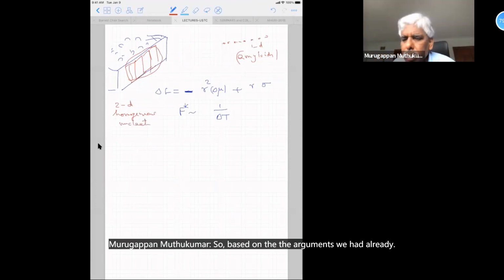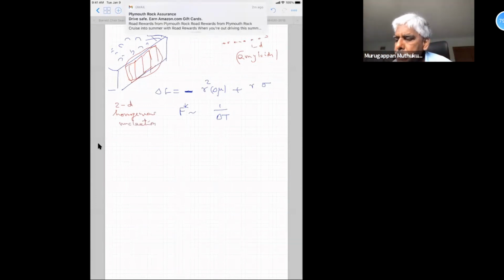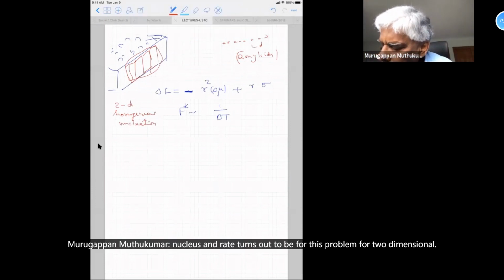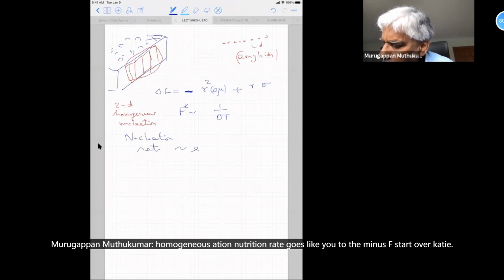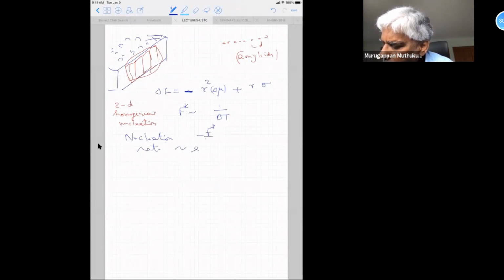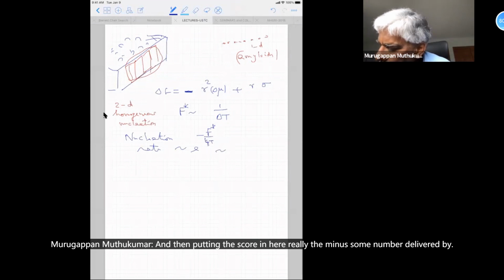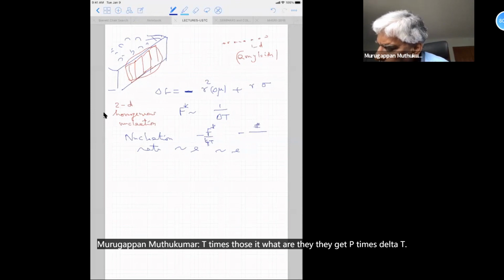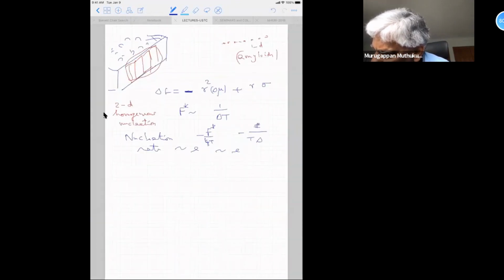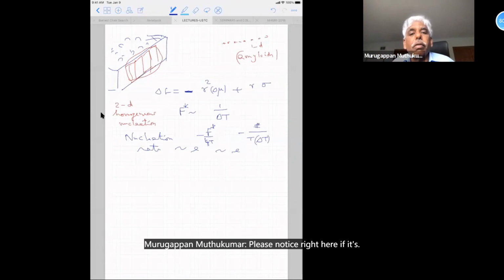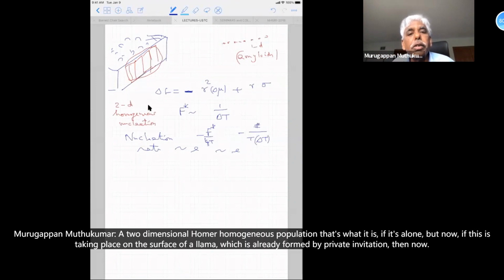Based on the arguments we had already, the nucleation rate for 2-dimensional homogeneous nucleation goes like e to the minus F star over kT, and putting this F star in here, e to the minus some number divided by T times delta T. Please notice this: if it's two-dimensional homogeneous nucleation, that's what it is, if it's alone.